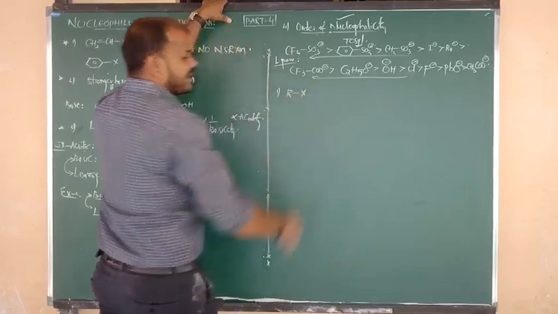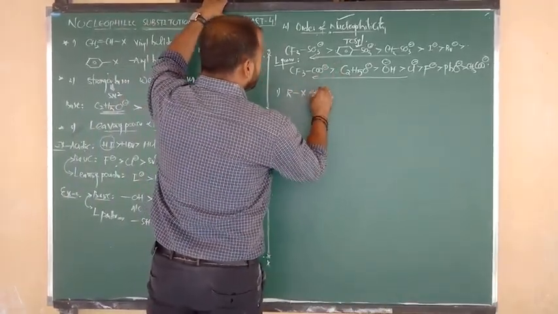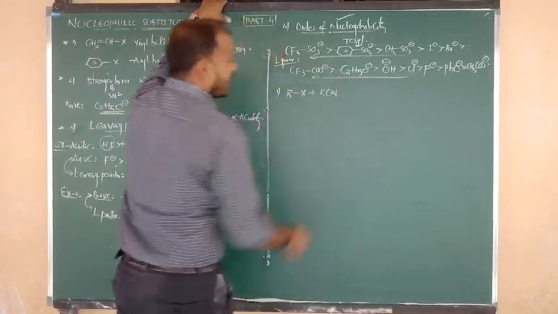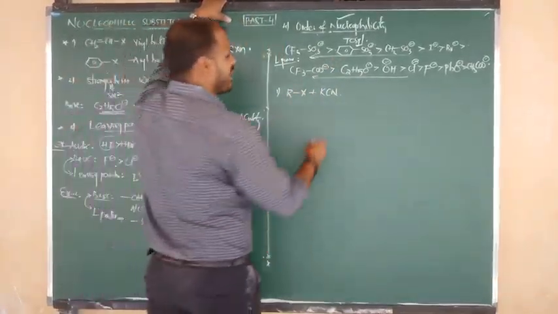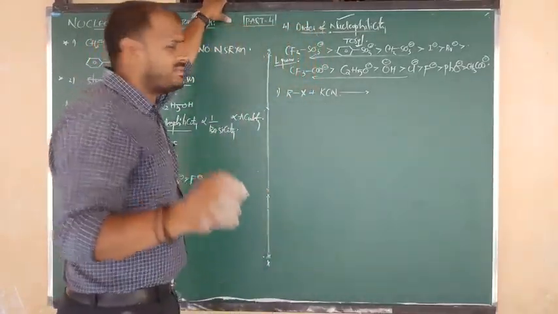RX, alkyl halides, undergo reaction with potassium cyanide. Otherwise you can consider sodium cyanide, or cesium cyanide, as you wish.